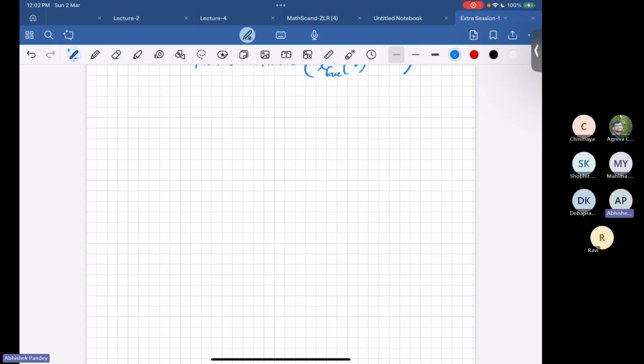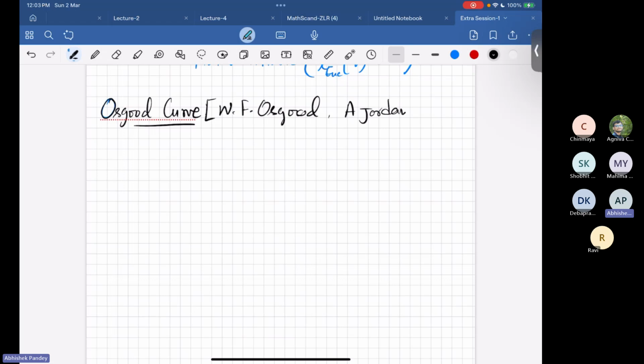I want to mention the Osgood result. Just write it down, the reference: Osgood curve, a Jordan curve of positive area.